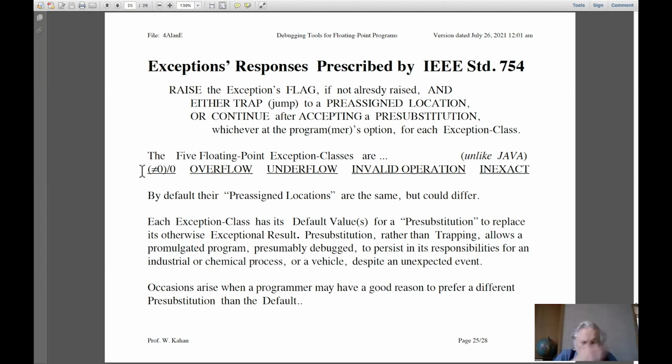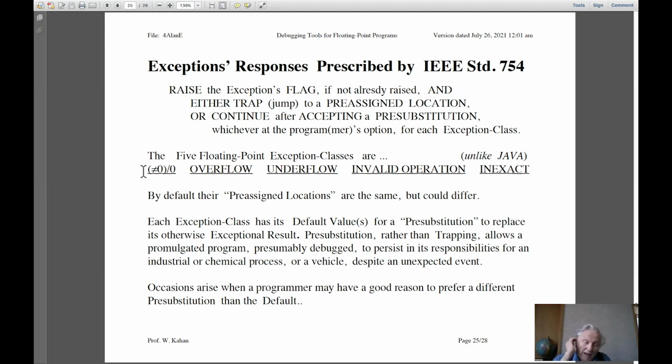Now, I've got to be careful because I'm using the word exception in a way that is different from people who program in C or program in Java use it. The word exception means something different to them, whereas the word exception means to me either a class of events, like overflow is a class of events, or it means the actual event.